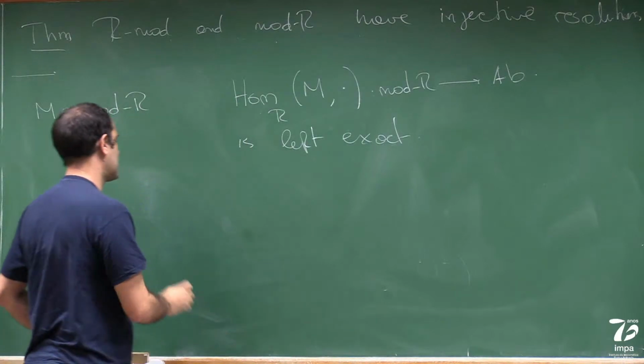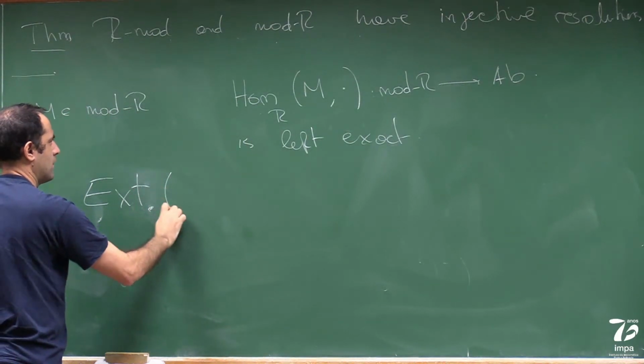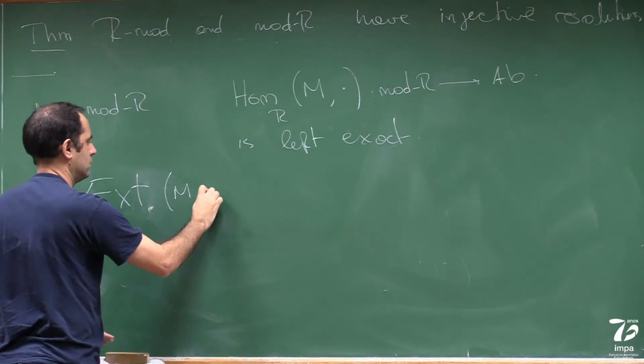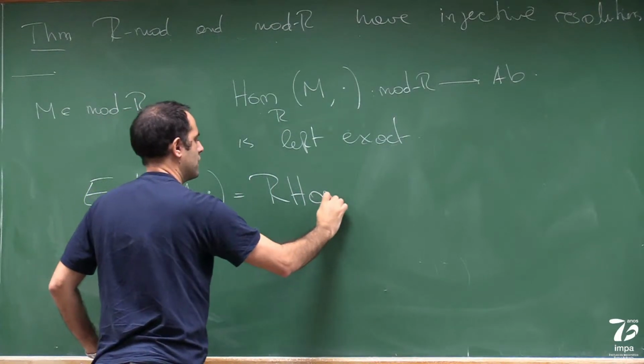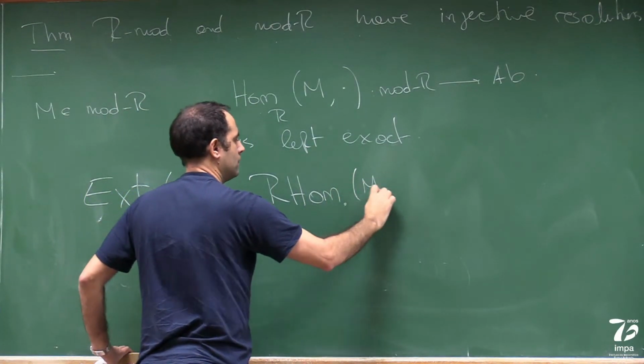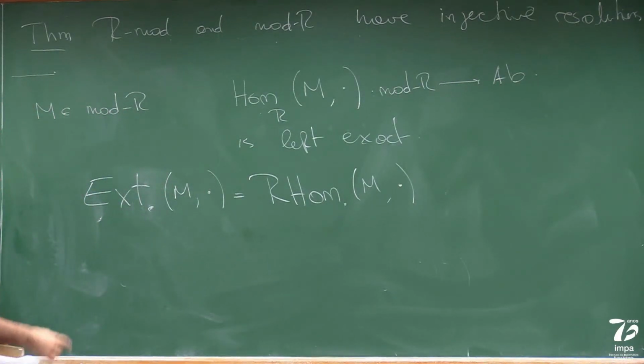So we define Ext. The Ext groups are just the right derived functors of this guy. How do you compute those? By taking an injective resolution.